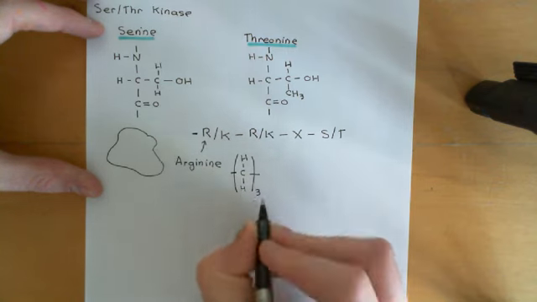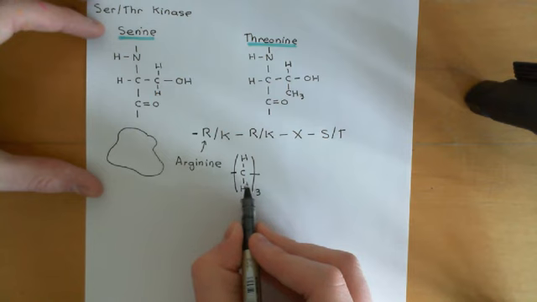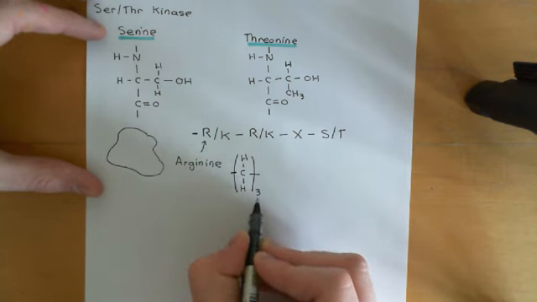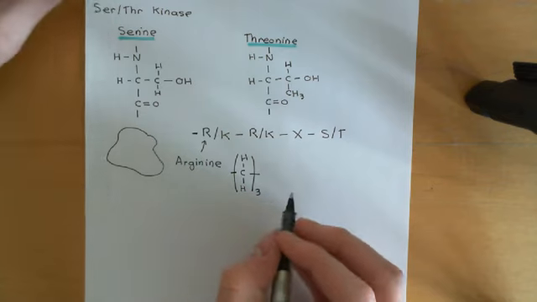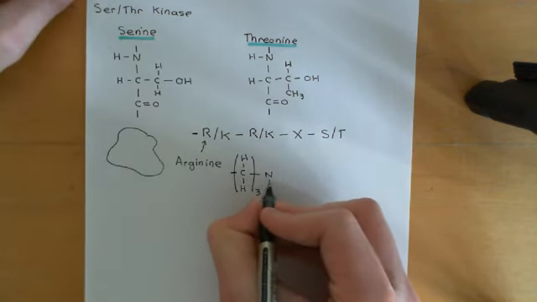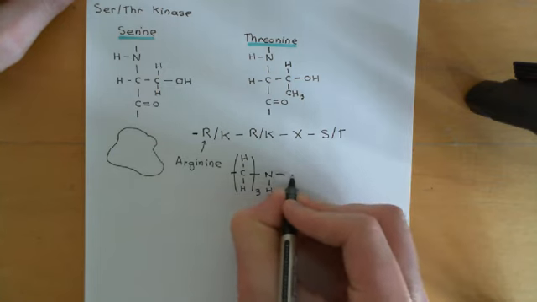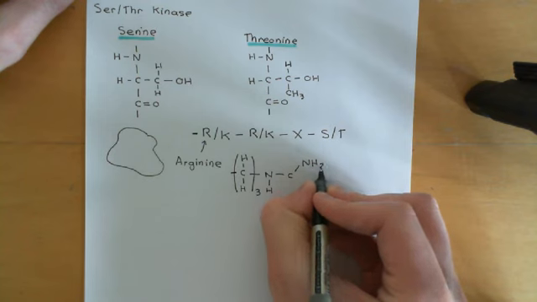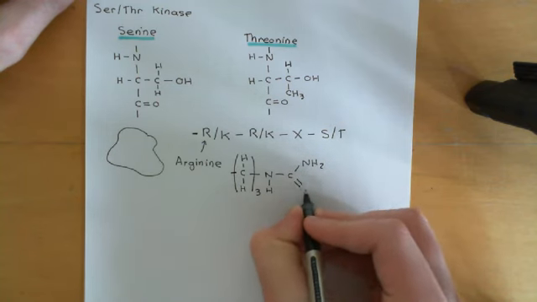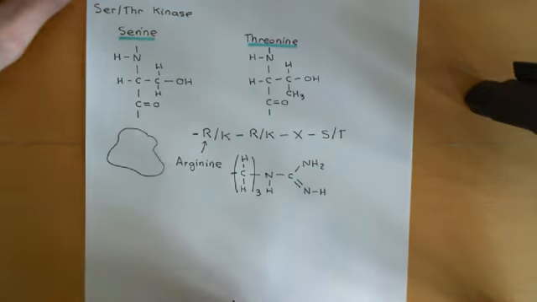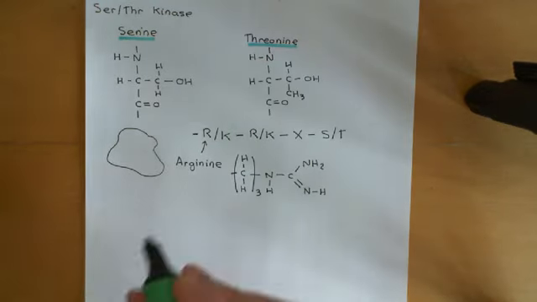Okay, and because I don't want to have to draw 3 methylene groups, I've drawn 1 methylene group and then put a bracket around it and then subscripted it 3, which means repeat this 3 times. It just gets me out of having to draw it 3 times. Then you have an amino group here, followed by a carbon, which then has another amino group coming off it, and then a double bond to a nitrogen atom, which then has a hydrogen group coming off it. Okay, so this is the R group of arginine.